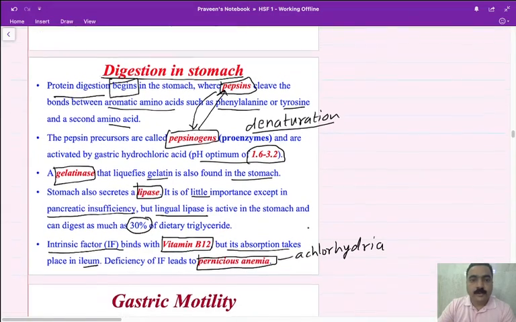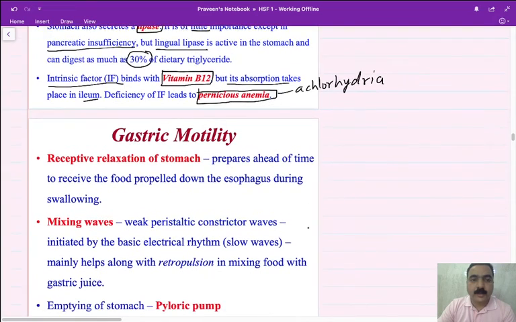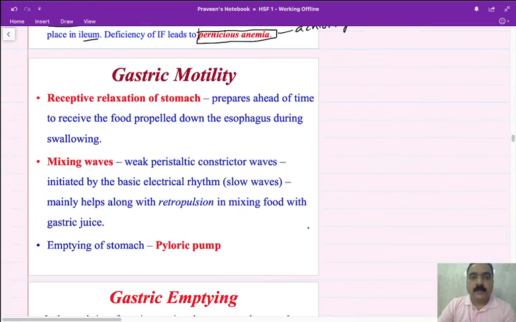Okay, so now we have finished with the digestion in the stomach. We will continue to the gastric movements. We start with the gastric motility in the first part when the food is coming to the stomach. The first thing that happens is the receptive relaxation of the stomach. When you eat the food and the food is going through the esophagus and through the lower esophageal sphincter, when it's coming down to the stomach, then the stomach is relaxed.